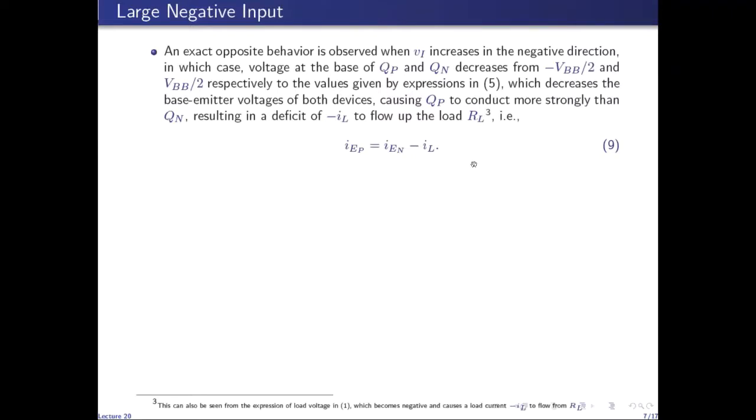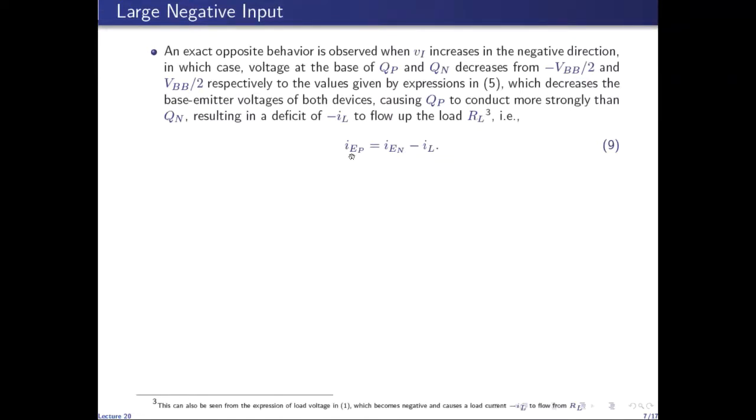So QP will be caused to conduct more strongly than Qn, and the deficit in IEN will flow as minus IL through the load RL. So IEN is equal to IEP plus IL, which in turn gives IEP as IEN minus IL.